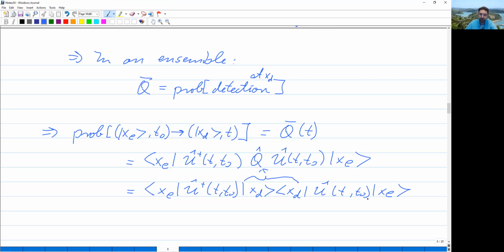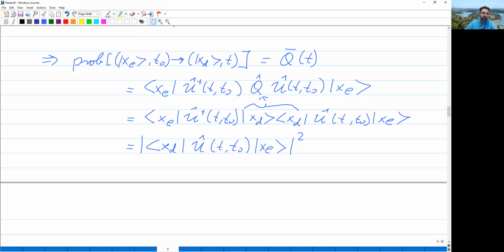These are just position matrix elements of the time evolution operator, and this is the complex conjugate of that. So this is equal to |⟨xd| û(t, t0) |xe⟩|², and since this is a Green's function, we can also write it as the modulus squared of G(xd, xe, t, t0).